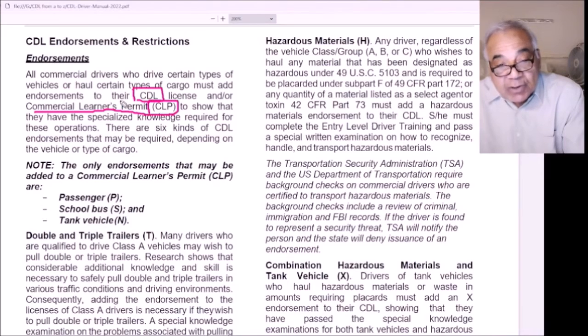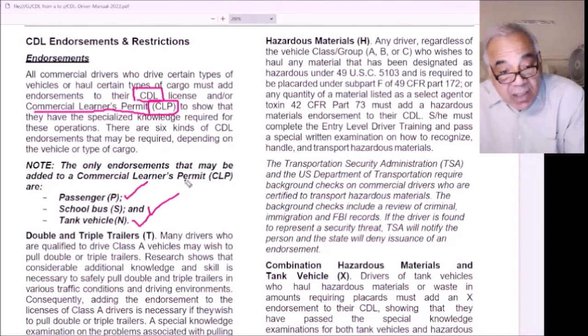That driver has what we call a commercial learner permit. The commercial learner permit can have only endorsements for passengers, school bus, or tank. In other words, a learner cannot have triple, cannot have double, cannot have hazardous material during the learning process.